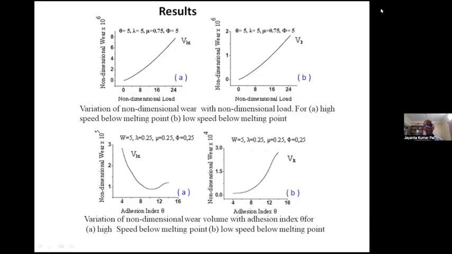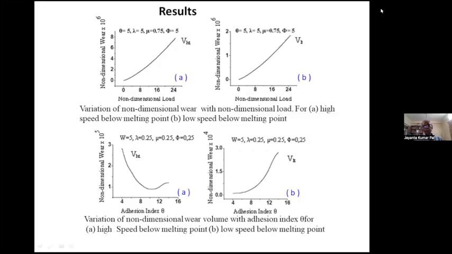And as the adhesion index increases, the wear falls because adhesion falls. And then as the adhesion index increases further, roughness or the abrasion takes over and it reaches a plateau and then starts rising.